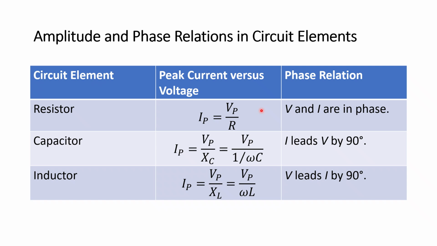If you have a capacitor with AC, then peak current is peak voltage over 1 divided by omega C, or you could just say peak voltage times omega C, but current leads voltage by pi over 2, or 90 degrees. And then finally, with an inductor, peak current is peak voltage divided by omega L, and as we saw, voltage leads current by pi over 2, or 90 degrees.